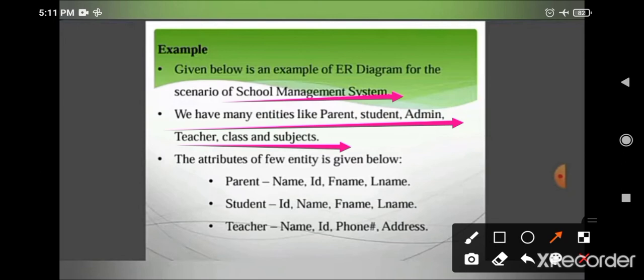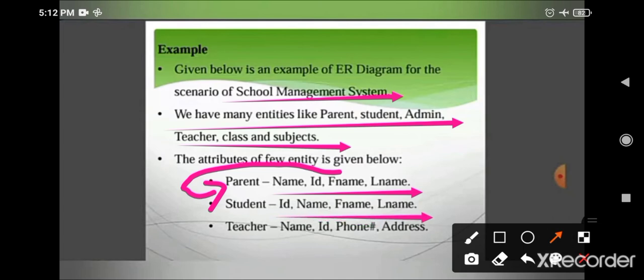Here ID, first name and last name are the attributes of the parent entity. ID, first name and last name are the attributes of the student entity. Similarly, name, ID, phone number and address are the attributes of the teacher entity. Can you understand the concept now?